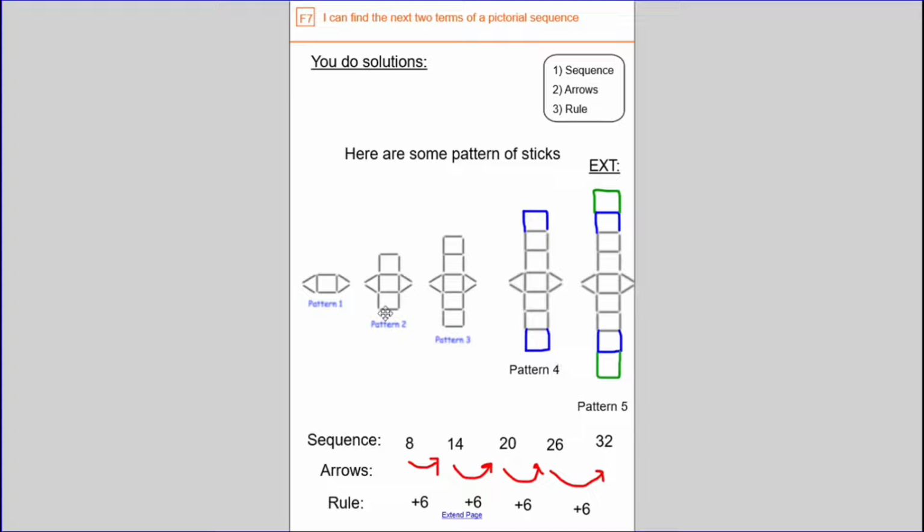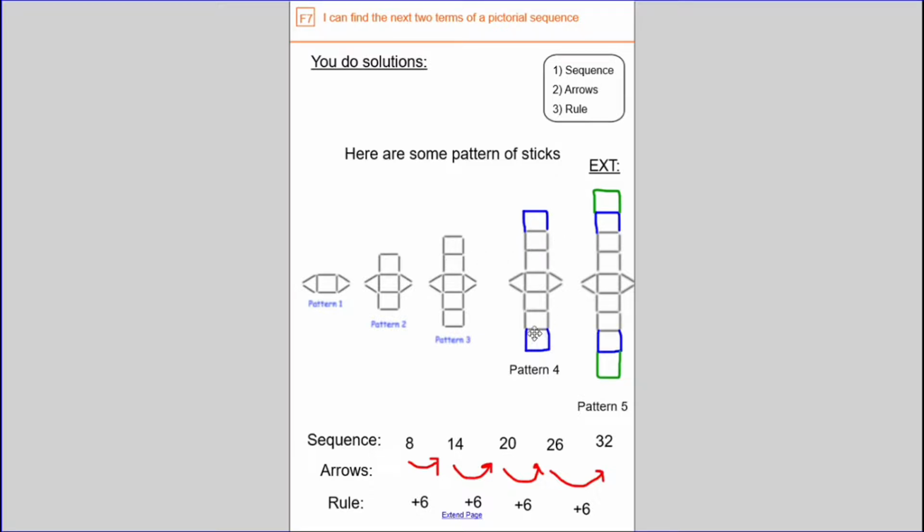Before we start looking at solutions, remember that these are individual patterns of sticks and they are not triangles and squares. So we've got a numerical sequence here below, and we can see that the rule to get from one term to the next term is we are adding 6. So the 6 is coming from adding 3 sticks to the top and 3 sticks to the bottom. So we do the same thing to find pattern 4 and pattern 5.